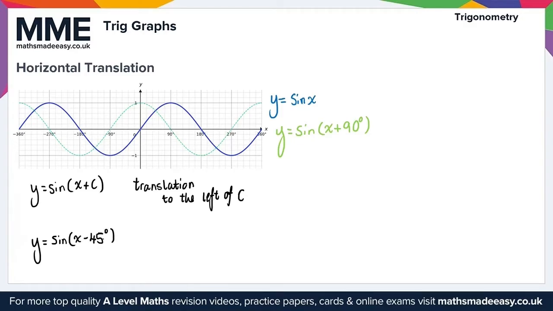Well, in this case, again, we think about this in terms of the opposite sign. So as this is minus 45 degrees, this is actually a translation of 45 degrees to the right. The misconception here is that this is 45 degrees to the left. However, this is a translation of 45 degrees to the right. Okay. So that concludes everything we need to be aware of in regards to horizontal translation.